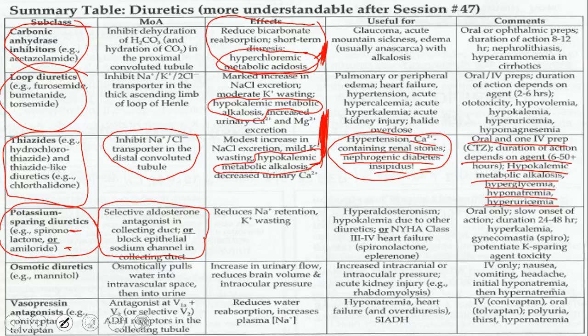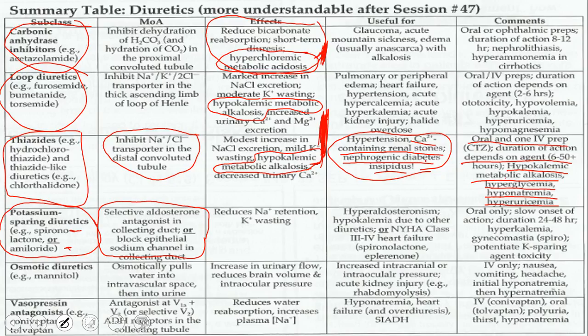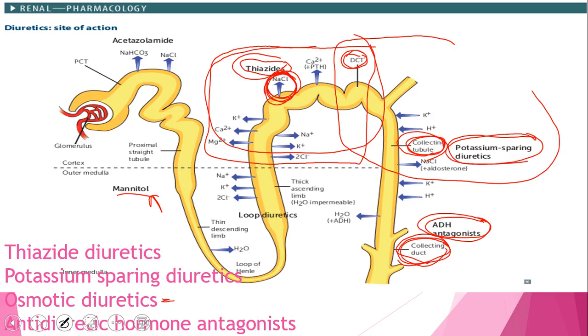So going up here, here's our collecting duct, and this says that it either is a selective aldosterone antagonist in the collecting duct or it blocks the epithelial sodium channel. So sodium channel, here's the antidiuretic hormone taking effect there. This is probably the sodium channel, I'm guessing. So yeah, you can see those effects there.